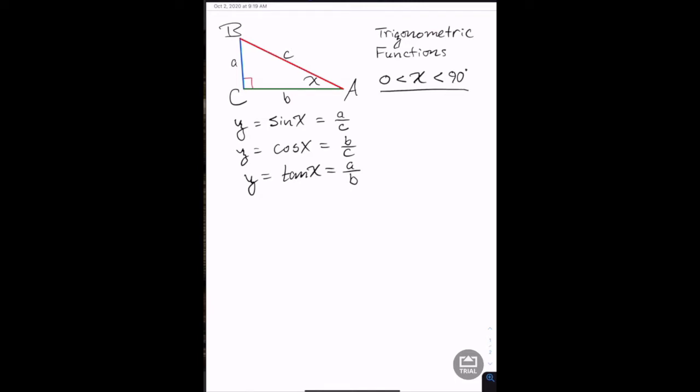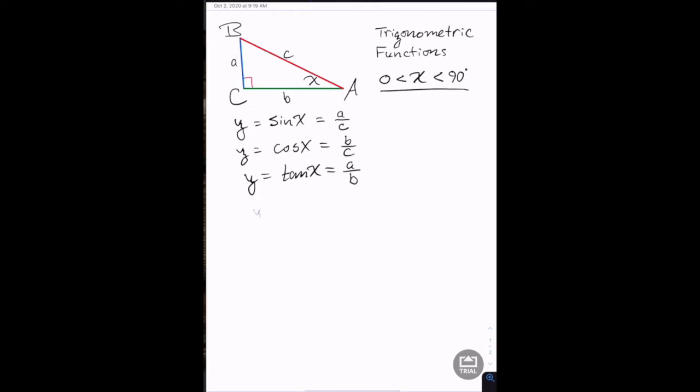So since we're talking about functions, we're actually also talking about inverse functions. And inverse functions basically are asking the question like, what value of y gives me a certain value of x? So if these are trigonometric functions, then now we also have to talk about the inverse of trigonometric functions. You remember the discussion of inverse functions.